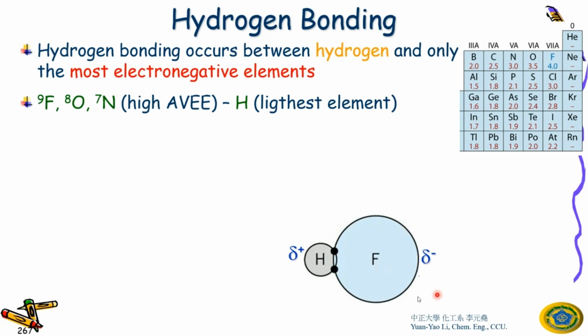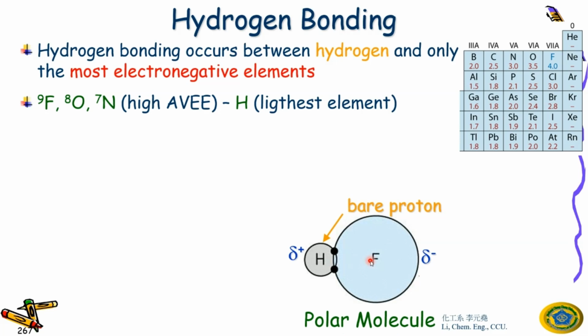So you have a very good negative charge region and a very good positive charge region. And this is called a bare proton, because there's no electron to protect this hydrogen anymore, as the electron will be very close to the fluorine atom.